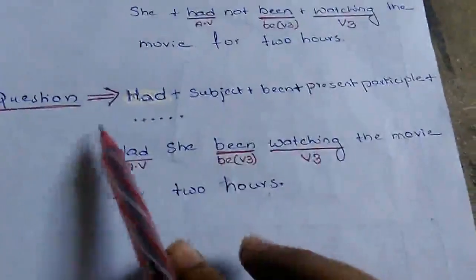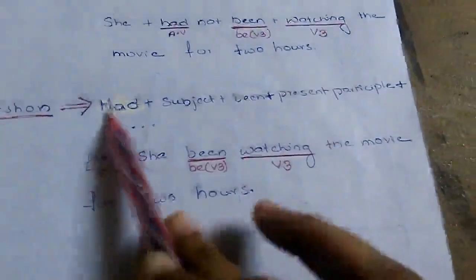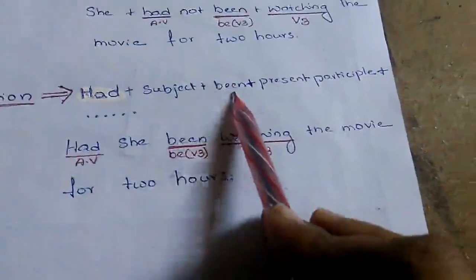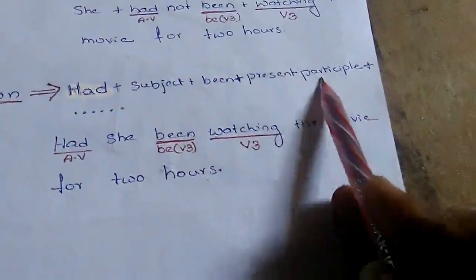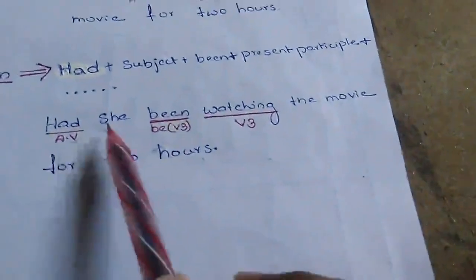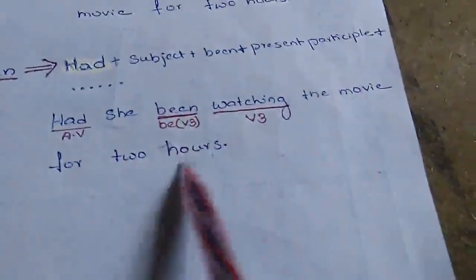Now see the question. Had, that means the helping verb, we are bringing it to the front. Had plus subject plus been plus present participle plus the rest of the sentence. That means, had she been watching the movie for 2 hours?